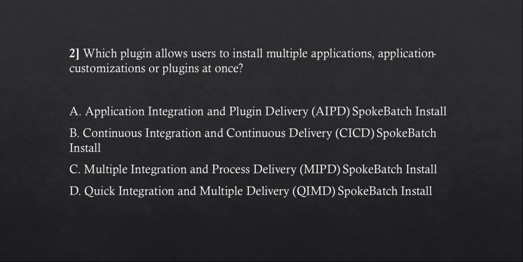Next question. 2. Which plugin allows users to install multiple applications, application customizations, or plugins at once? A. Application Integration and Plugin Delivery, AIPD, Spoke Batch Install. B. Continuous Integration and Continuous Delivery, CICD, Spoke Batch Install.